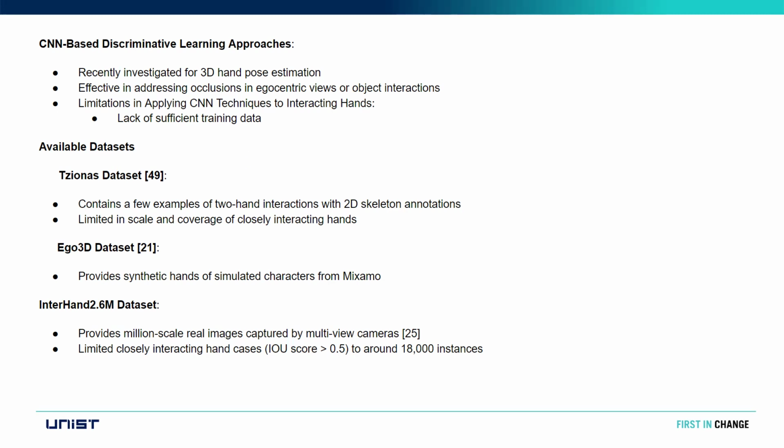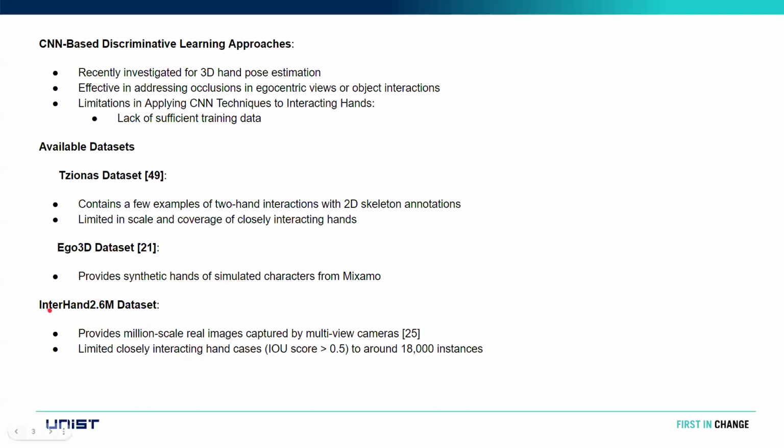Recently, CNN-based approaches for 3D hand pose estimation are becoming very popular, but the problem is that there is not enough training data. There are several datasets such as STB, RHD, and InterHand. But when you want your model focused on interaction, there are very few interacting scenes in these datasets.